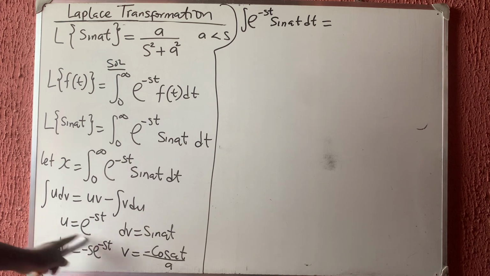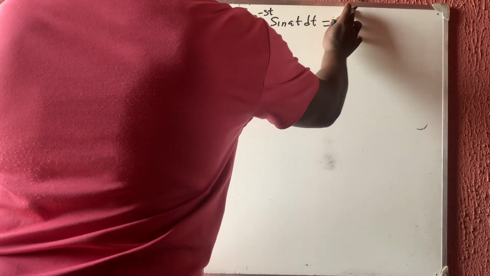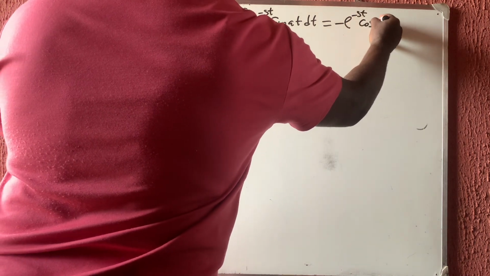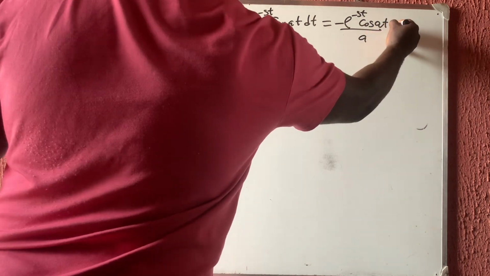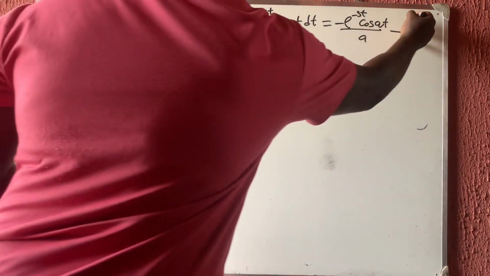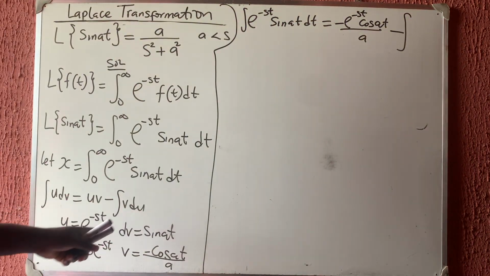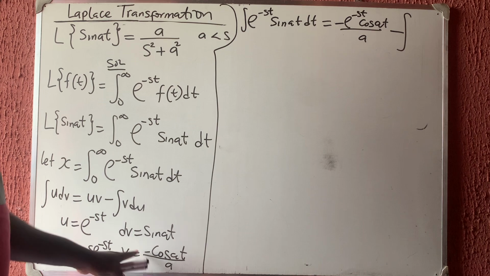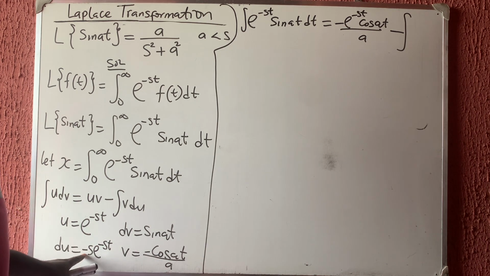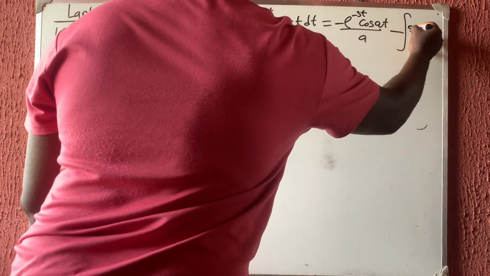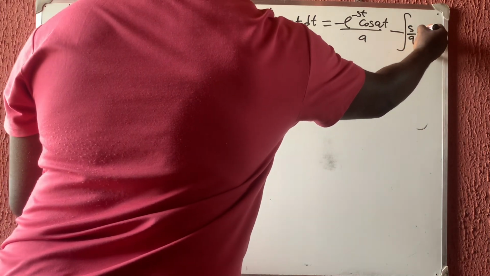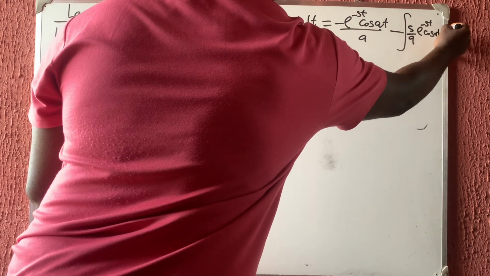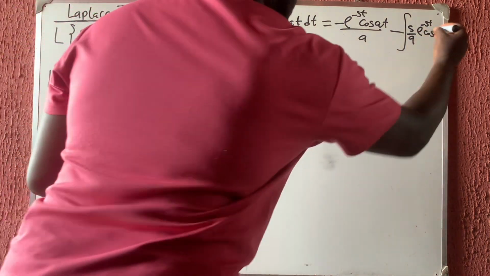So uv gives us minus e raised to power minus st cos at all over a, then minus the integral of v du, which will give us plus s over a, then e raised to power minus st cos at dt.